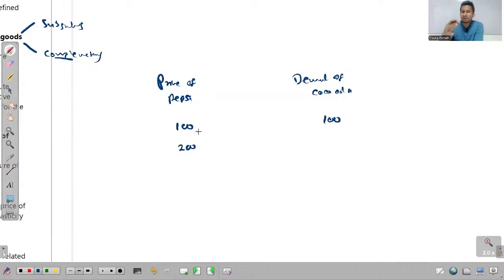That's obvious. You don't need to study economics to understand that. If you have gone to the school canteen, you can understand that. When the price of a Pepsi Cola gets increased from 100 to 200, obviously the friends or maybe you will demand more of Coca-Cola and less of Pepsi Cola. So what will happen to the Coca-Cola demand? It will increase. I don't know the exact value, but I know that it will be definitely higher than 100.